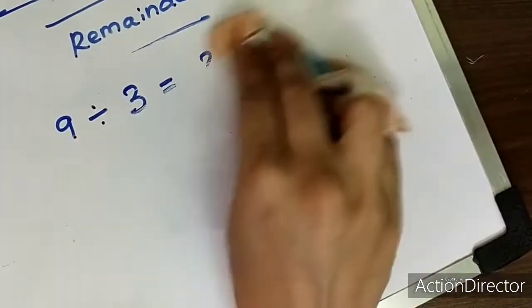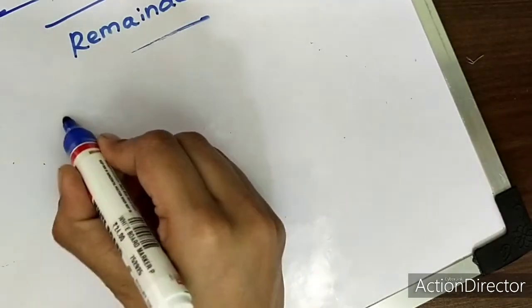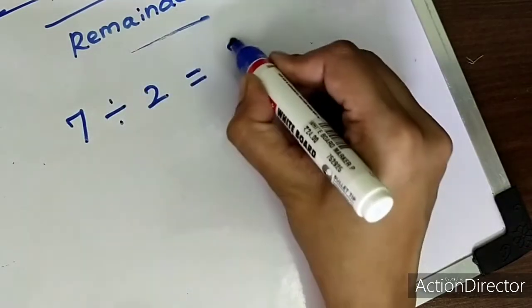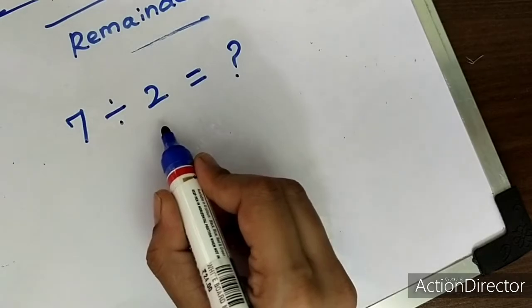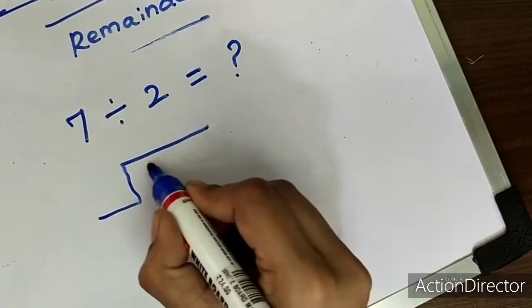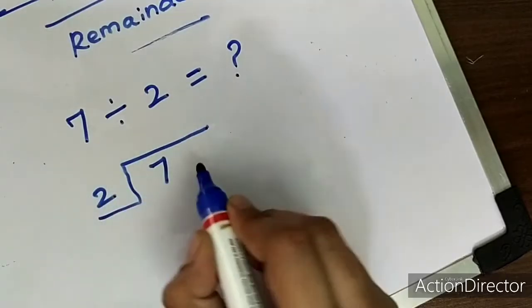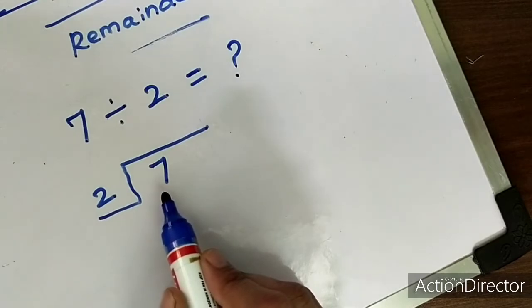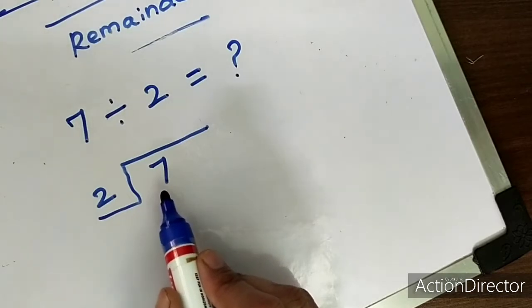Now we'll see one sum with remainder. Division with remainder. 7 divided by 2 is equal to what? Now we'll do the division. 2 tables 7 will come. 2 ones are 2, 2 twos are 4, 2 threes are 6, 2 fours are 8.